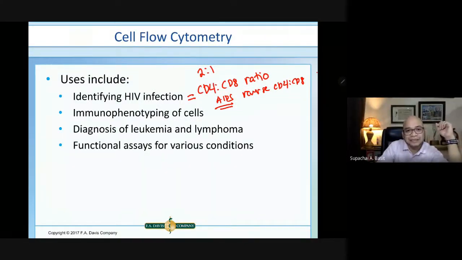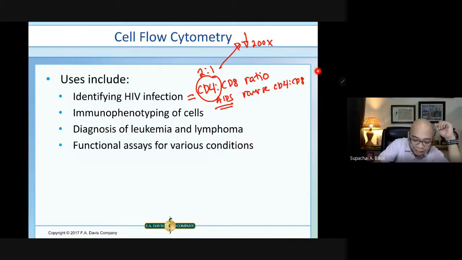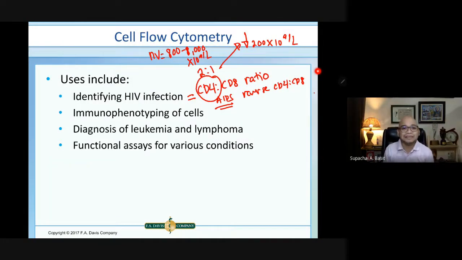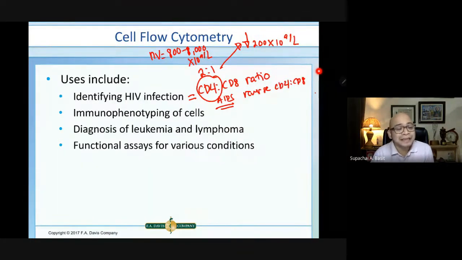Usually, the reverse CD4 CD8 ratio happens when your CD4 level falls below 200 times 10 to the 9 per liter, because the normal value of CD4 is between 800 to 1000 times 10 to the 9 per liter. So the CD4 CD8 ratio is reversed if you are in clinical AIDS already, because it means that your CD4 level becomes significantly depleted.